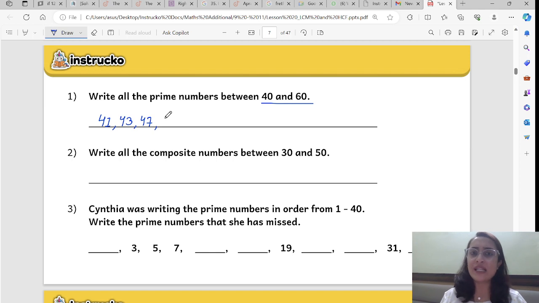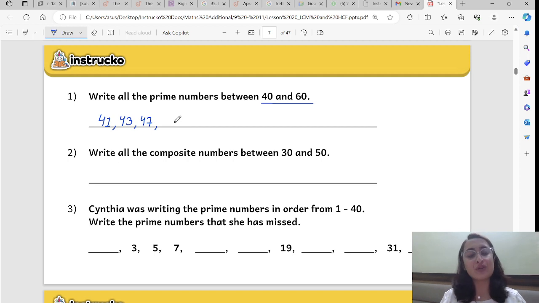Okay. Now 50, again, even number, not a prime number. 51. Well, 51 comes in 17's table. 17 multiplied by 3 is 51. That is why 51 also has more than two factors. That is why 51 is also not a prime number.